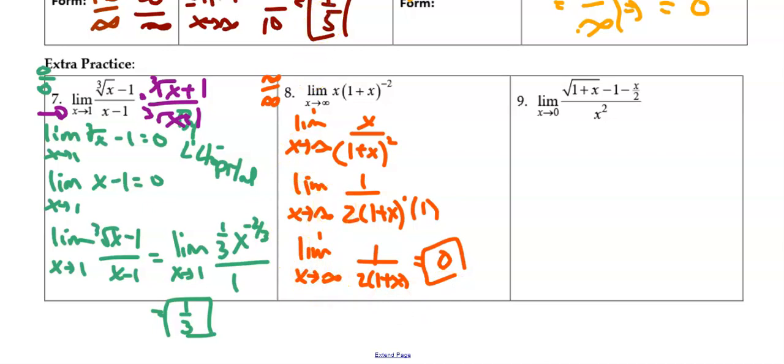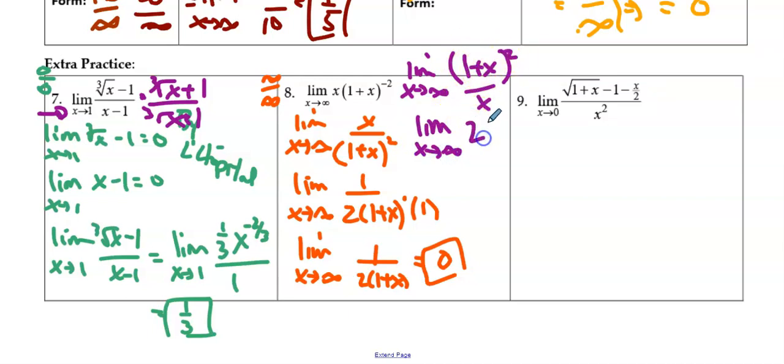I know that students ask, okay, what if we flip-flopped it? I know I talked about it up here. What if I had the limit as x approaches infinity of 1 plus x squared over x? So now I'm top-heavy. So the limit as x approaches infinity of 2 times 1 plus x over 1. Well, you put infinity in here, infinity over 1. And since I'm approaching positive infinity, this is going to go to positive infinity.